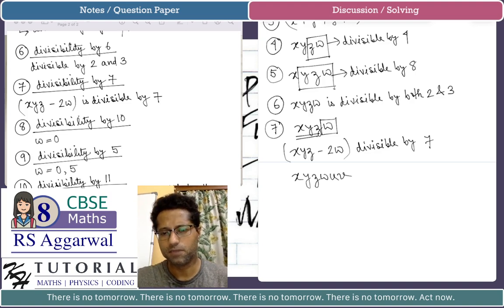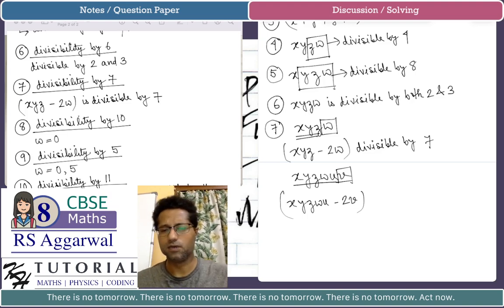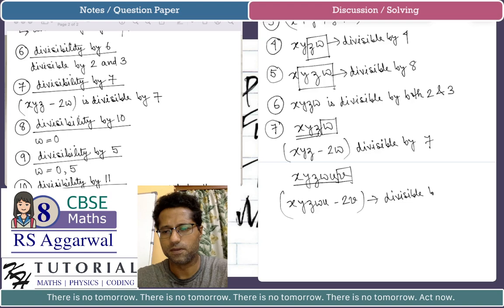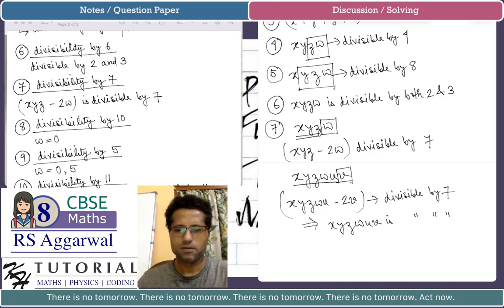The digit at the units place is V, and the number formed by the remaining digits is X, Y, Z, W, U. So we subtract twice the units digit, that is twice V, from the number formed by the digits excluding the units digit, which is the number X, Y, Z, W, U. Now if this value is divisible by 7, it will imply that X, Y, Z, W, U, V is divisible by 7. I hope you got the concept. Okay.